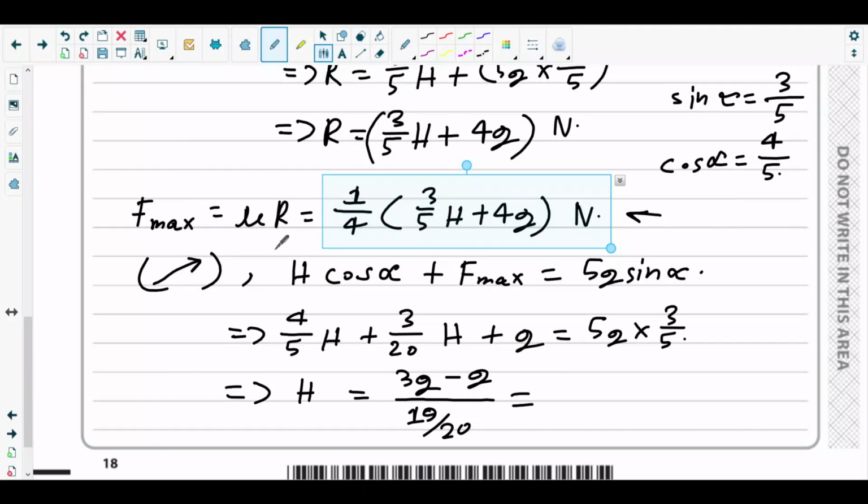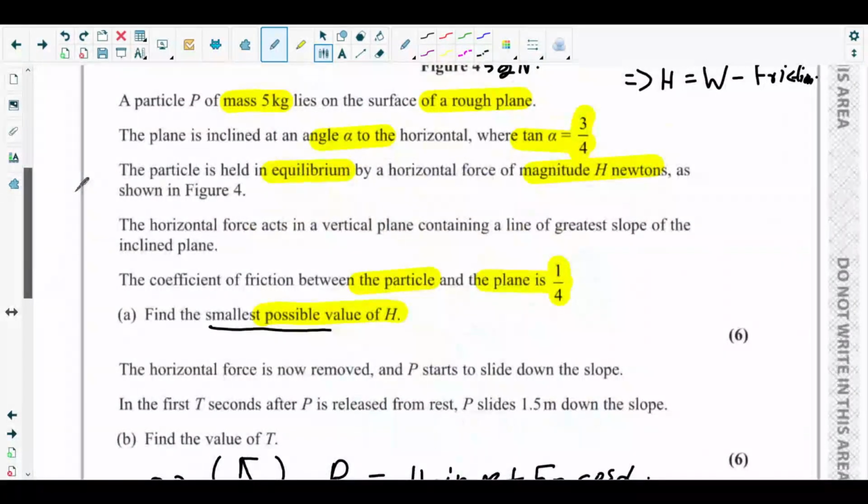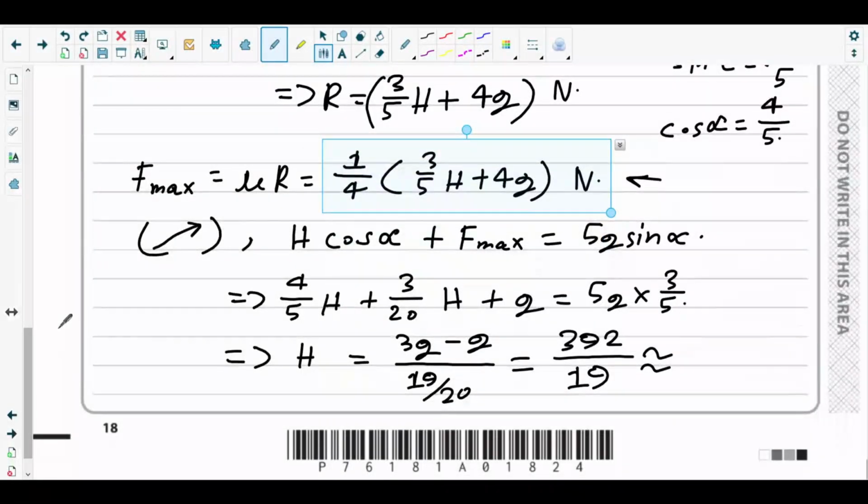This is basically 392 over 19, which can be written as, they wanted the value, the smallest possible value of h, which is 20.6.